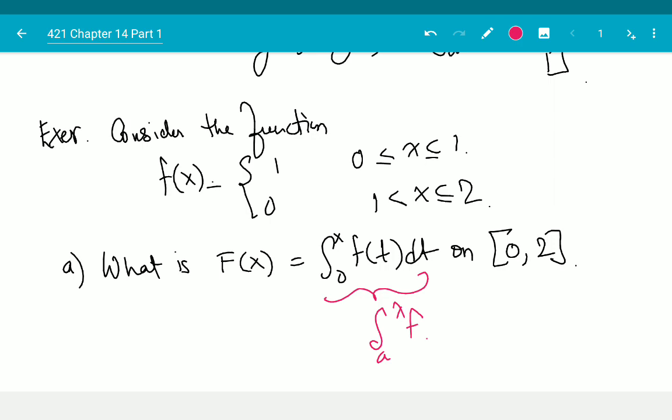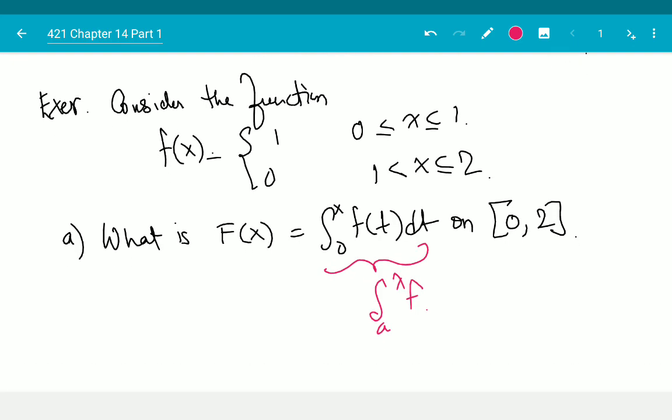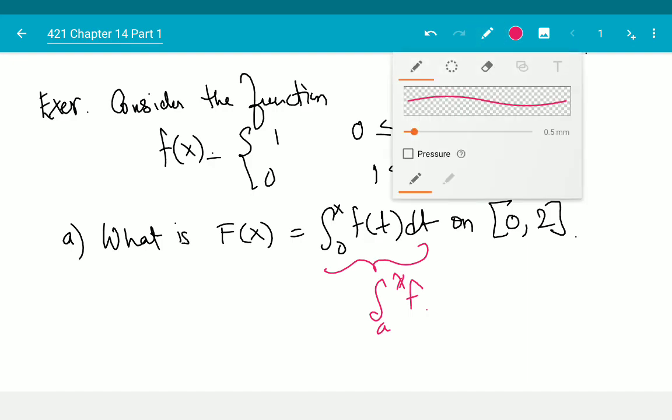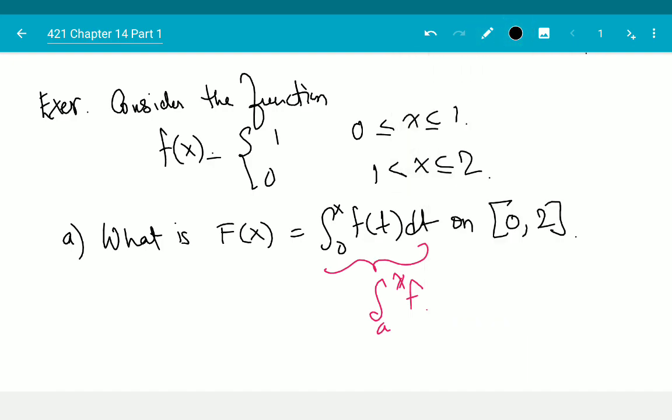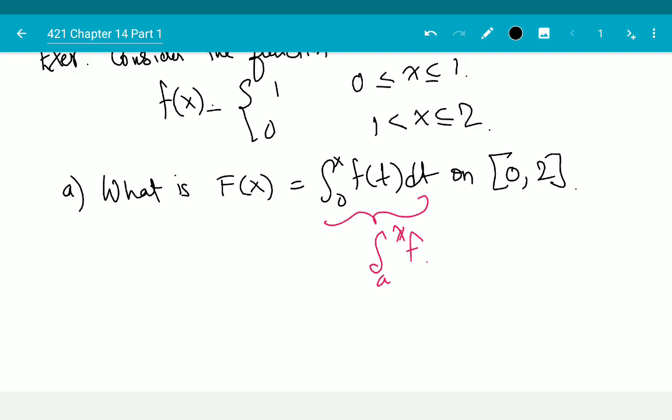We didn't write it so far, but from now on we will be writing it this way. It is often important what my variable is, right? If my variable is not the same as this top variable x, things could go very wrong. So it is important to know which variable I am doing stuff with. Whenever I'm writing the integral from a to x of f, that generally means the integral from a to x of f of t dt.